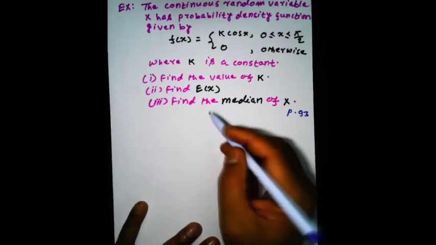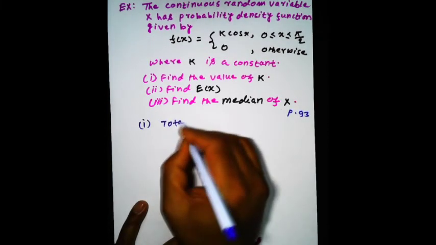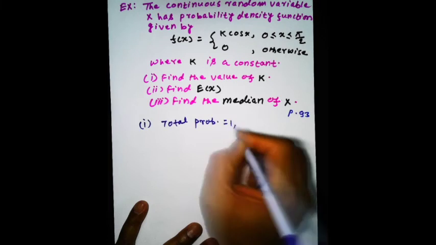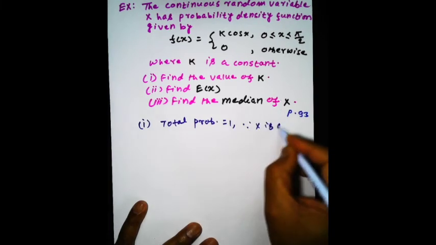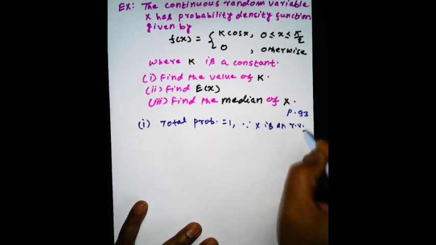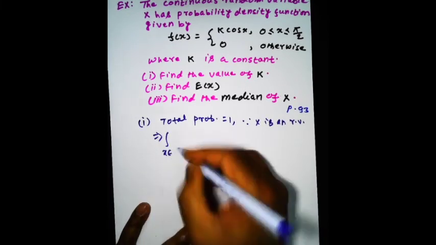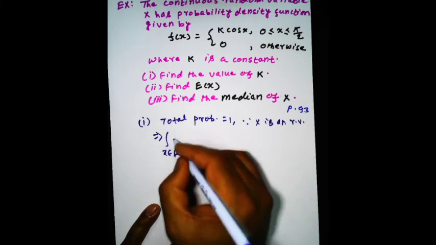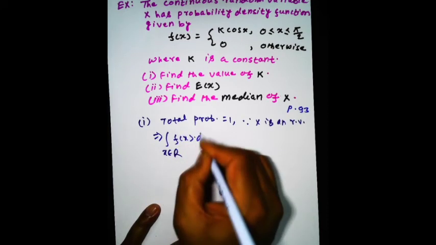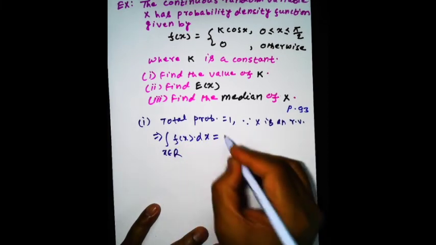We have done a lot of work on it. So first of all, we write here total probability as 1, since x is an RV, that means a random variable, and total probability means for the given range of values of x, the integral of f(x) dx equals 1.